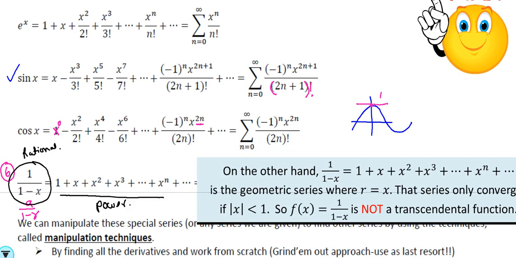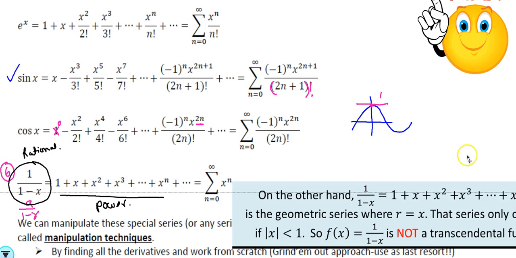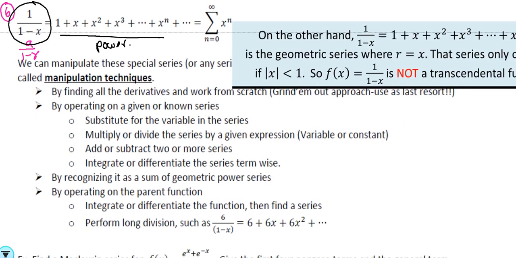The interval of convergence is always given by an absolute value: the absolute value of x has to be less than 1, which means the interval of convergence is -1 to 1, and the ratio is x. So know these 6 series very well, just like the comparison test. We know these very well so that we can use them in manipulation techniques.